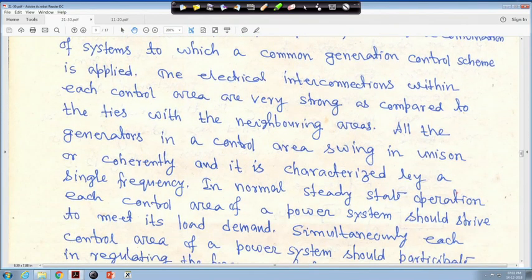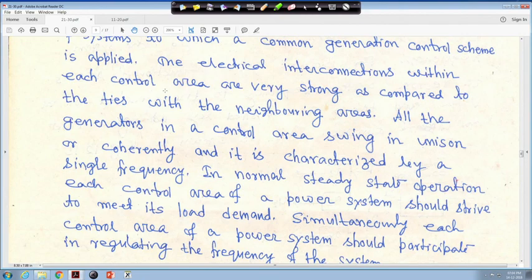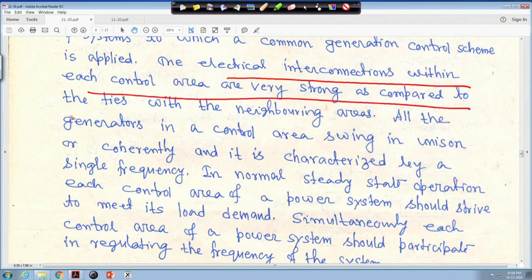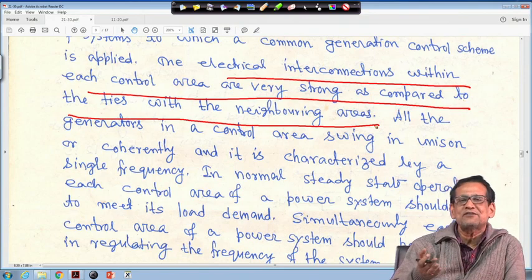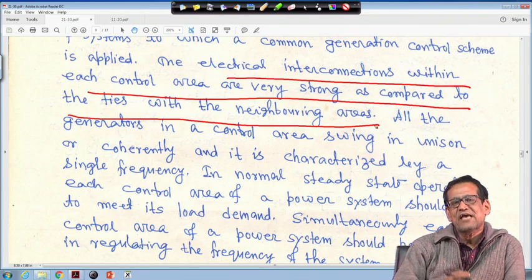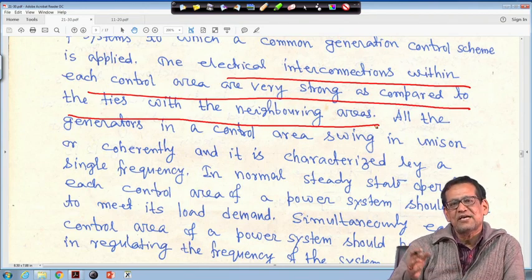The electrical interconnections within each control area are very strong as compared to the ties with the neighboring areas. Suppose you have a power system with many generators, buses, substations and lines, and another power system, say 400 kilometers away, also with many interconnected lines.